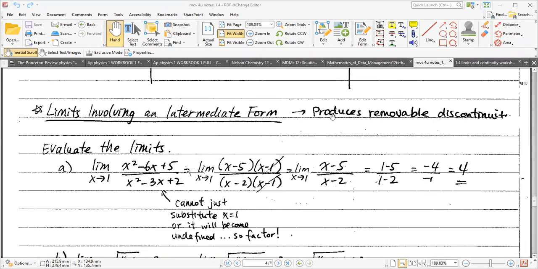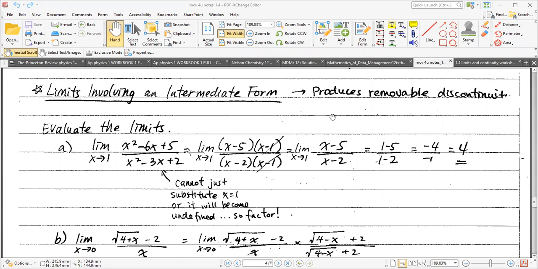Now, some limits you have to simplify in order to take the limit. Okay, let's just look at this. I want to take the limit of (x^2 - 6x + 5) divided by (x^2 - 3x + 2). What I do is simply, instead of x, I put 1.